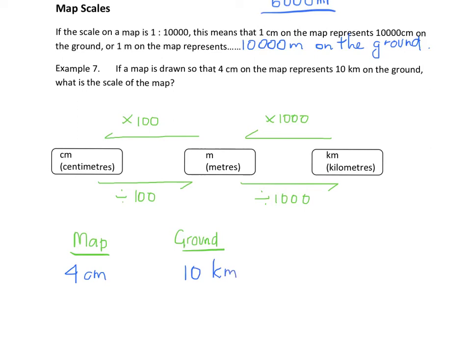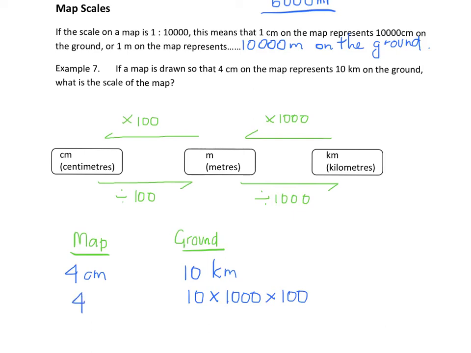That's not a ratio yet because there are still units of measure involved, centimetres and kilometres. So now let's change our kilometres to centimetres. So to change kilometres to metres, we need to multiply by 1,000, metres to centimetres, multiply by 100.